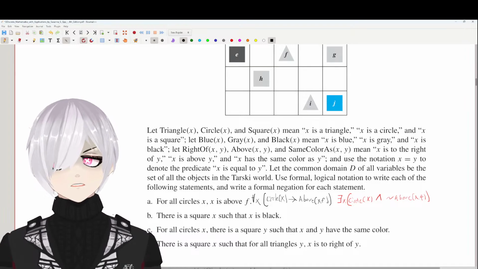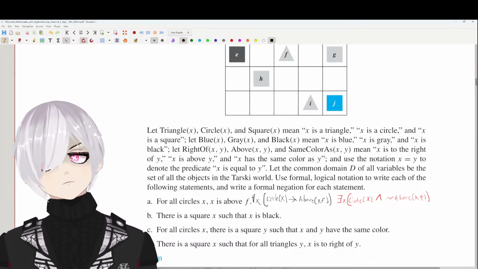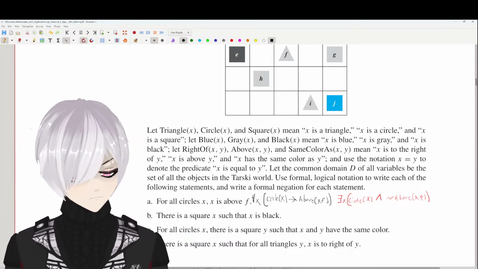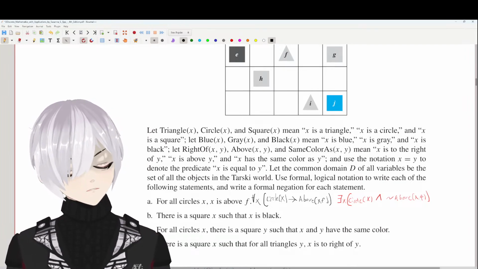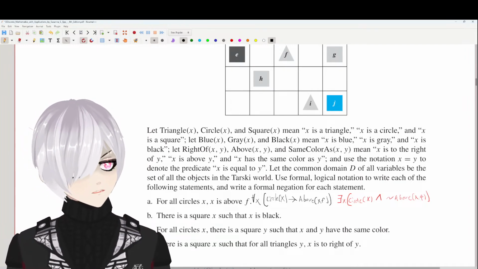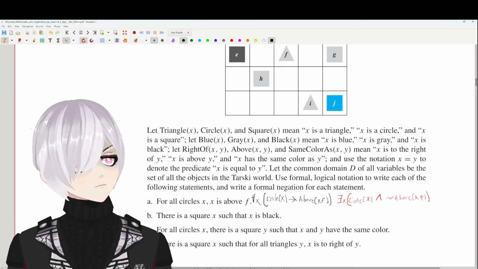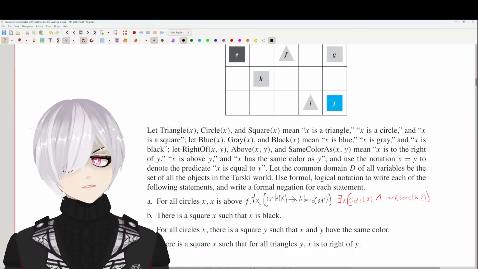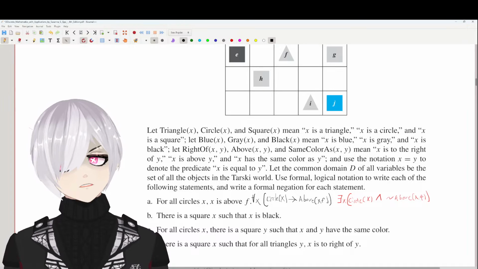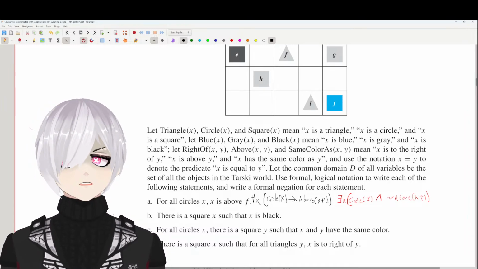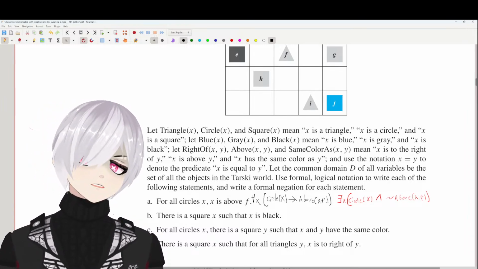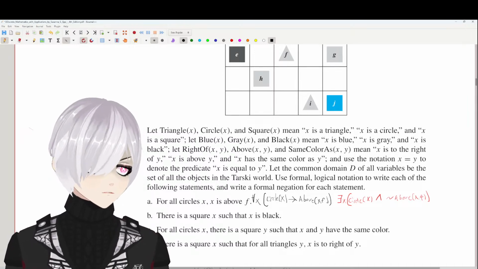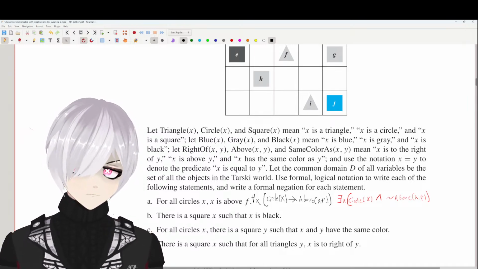When X is false, they would have the same truth value. But in this case, the negation of if X then Y is X and not Y.